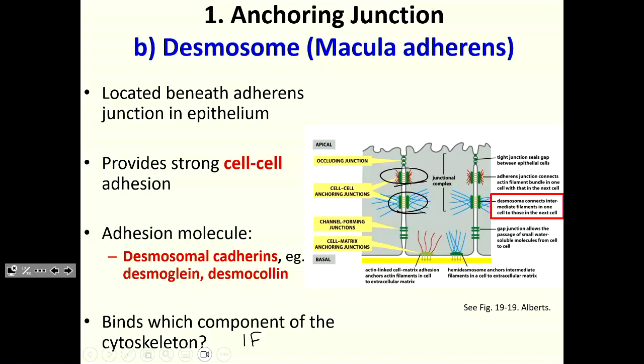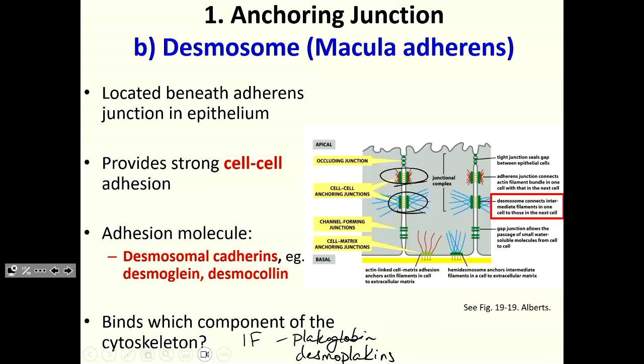In desmosomes, even the intermediate filament-associated proteins have their own special names. So you might see plakoglobin and desmoplakin. When you look at the textbook, you'll see those names. These are the two that you'll most often see.